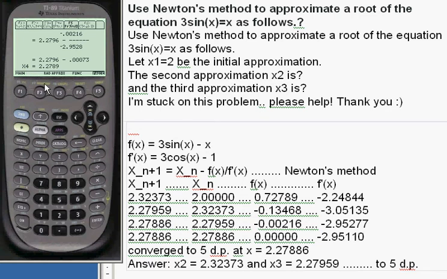So here's x4, 2.2789. Where's 4? 1, 2, 3, 4, 2.24 here. I don't know what this is. 2.2479. Anyway, the x4 is that.